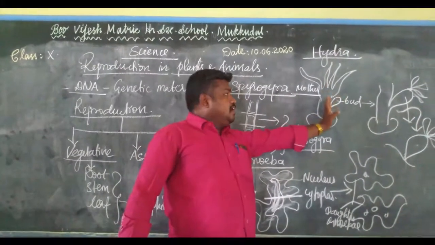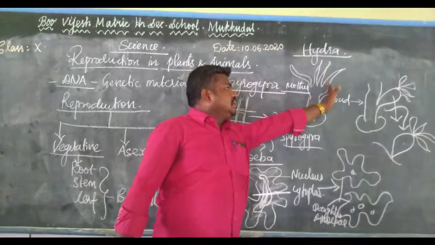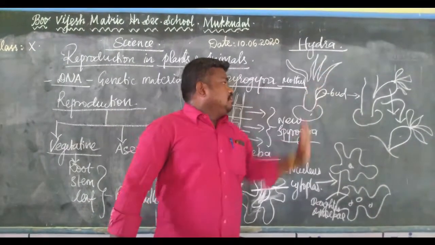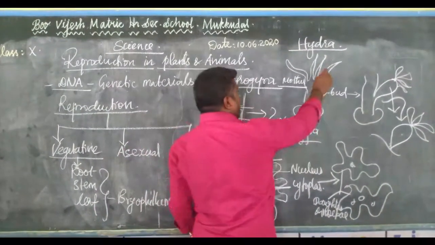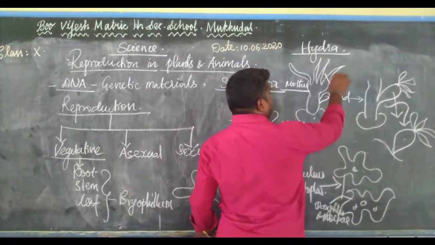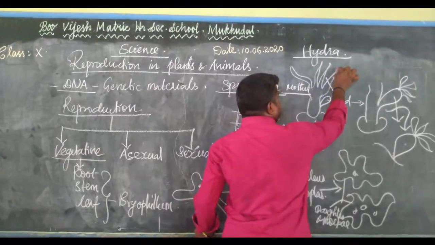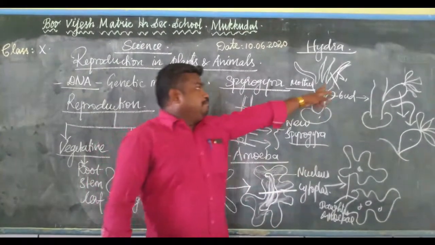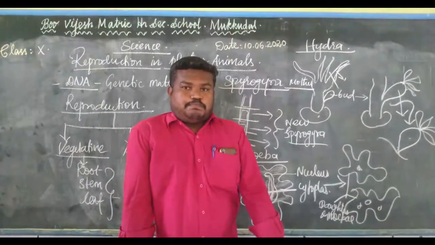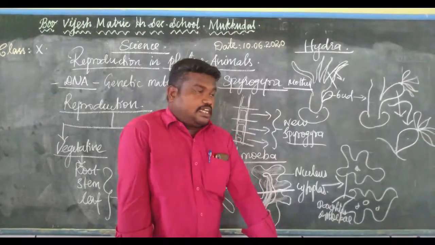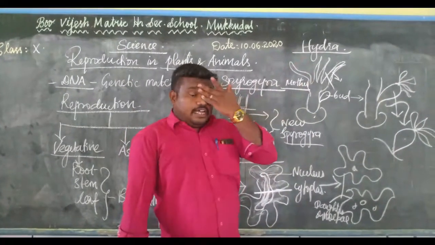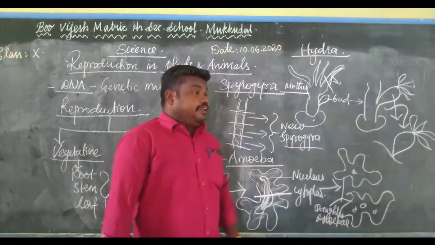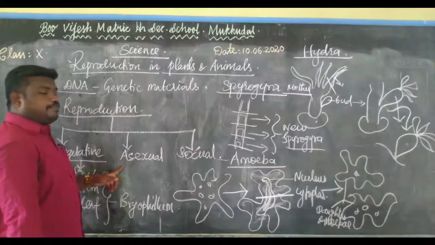Suppose any part is removed from the body, meaning it is cut down from the body. Then the whole body will arise from this piece of the organism. That is known as regeneration.